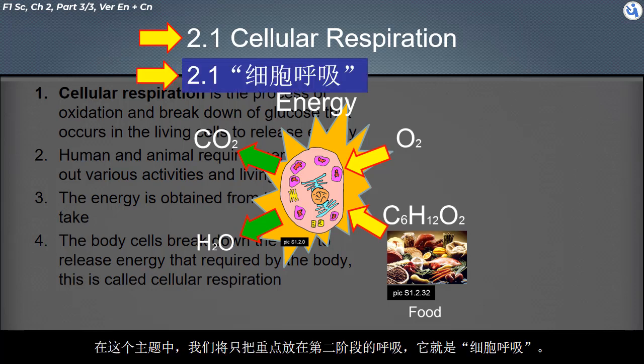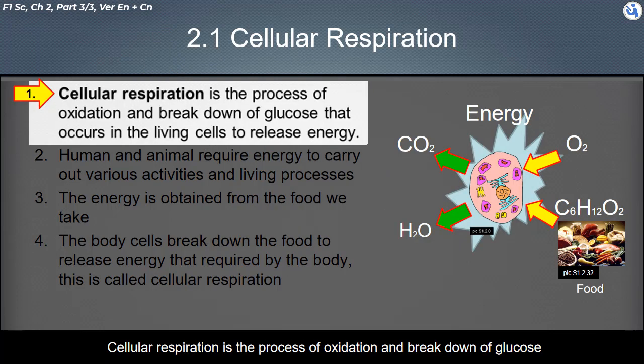Cellular respiration is the process of oxidation and breakdown of glucose that occurs in the living cells to release energy.